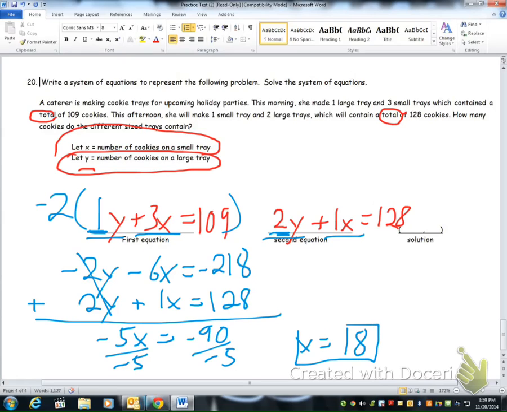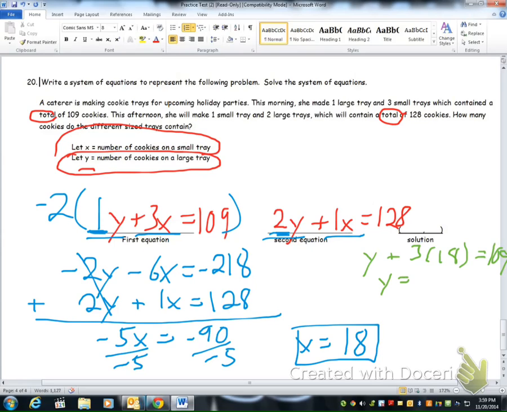And then plugging into either equation, I get y plus 3 times 18 should equal 109. 3 times 18 gives me 54.